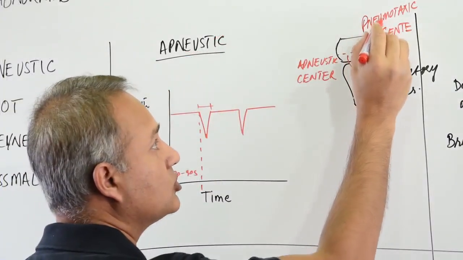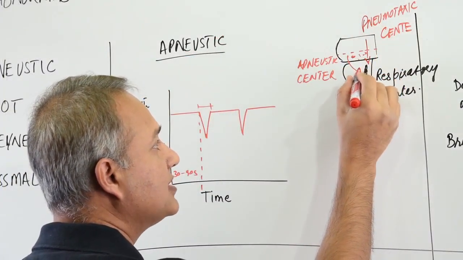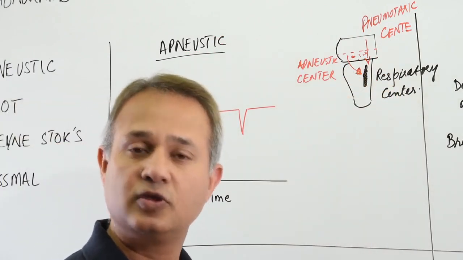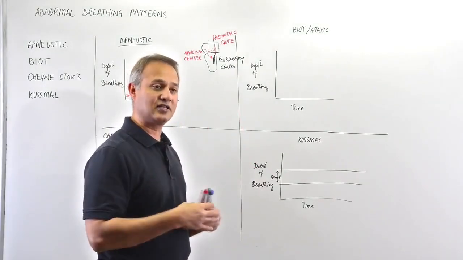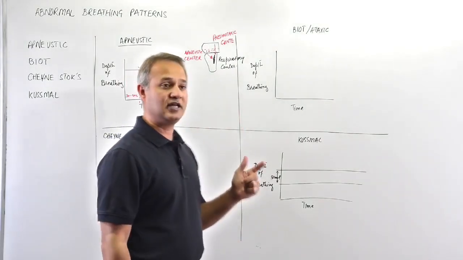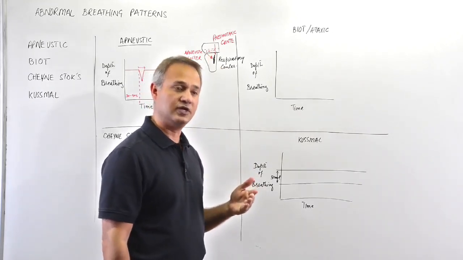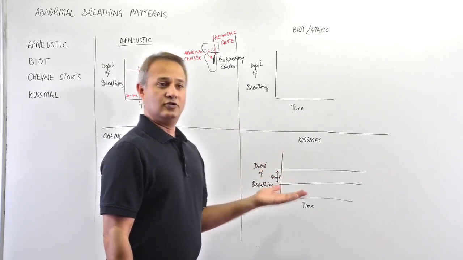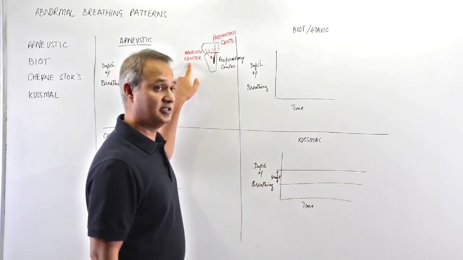Inspiration would be stopped by the pneumotaxic center, but the apneustic center overrides the switch off of the inspiration, so it prolongs the inspiration. For example, if you decided to take a long deep breath, your apneustic center is going to tell the medulla not to listen to the pneumotaxic center and switch off the inspiration, so you can continue going. So that is the apneustic center's activity.